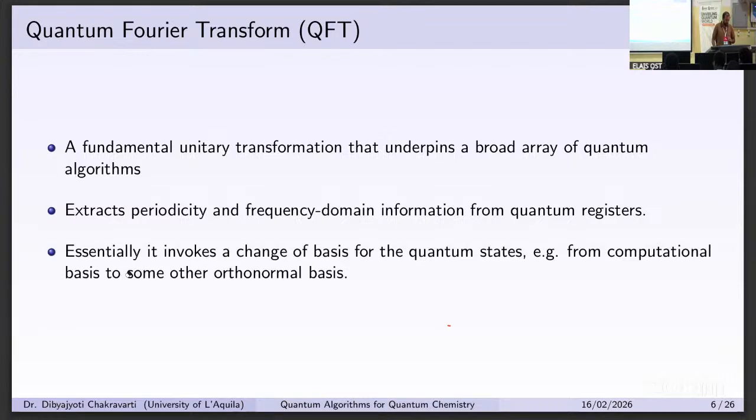In quantum Fourier transform, we go from the computational basis, that is the basis of 0, 1, or for a higher qubit number 00, 01, 10, 11, to some other basis which is also orthogonal, but is a linear combination of the computational basis. So it's a change of basis for all the quantum states from the computational basis to some other orthonormal basis.